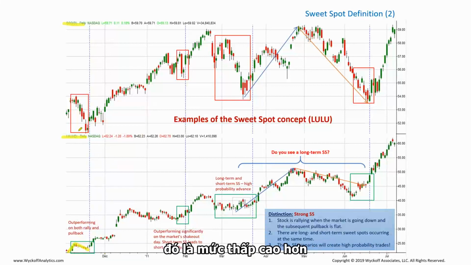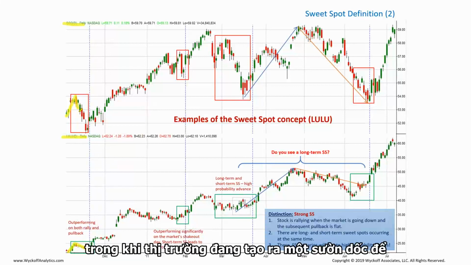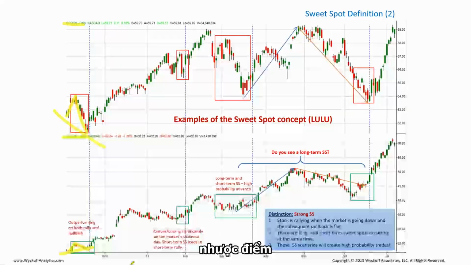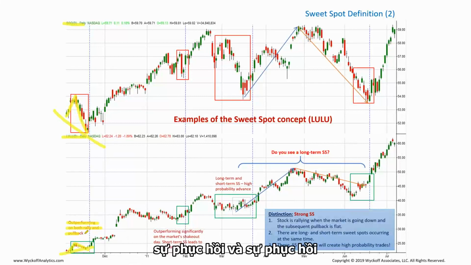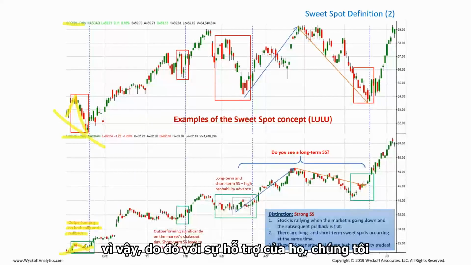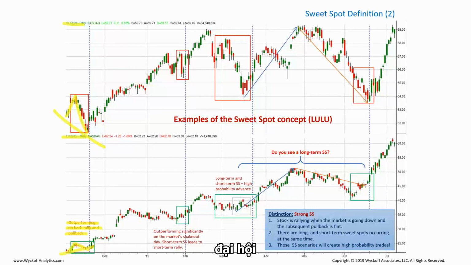It's a higher low, whereas the market is making a slope to the downside. So the stock is outperforming on both the rally and the pullback. What can we expect? Somebody's buying on the way up and somebody's not selling on the way down. Who could this be? Institution or institutions. So therefore, with their support, we're probably going to outperform in the next rally.